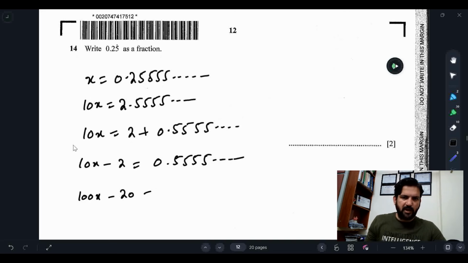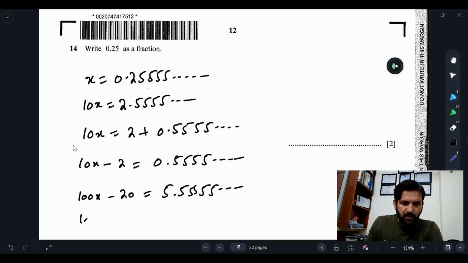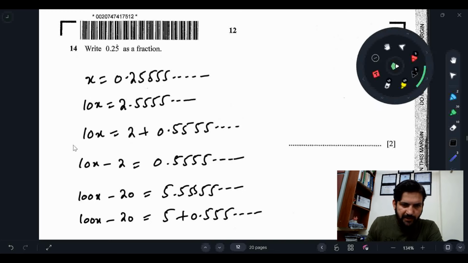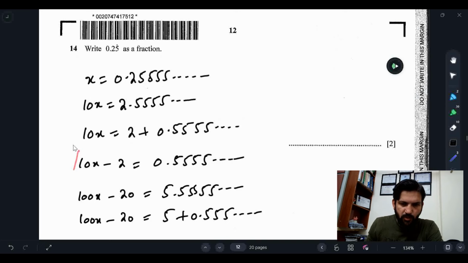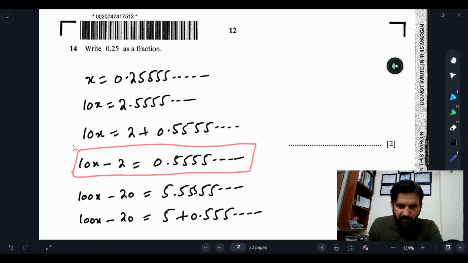0.5555, and then we have to multiply by 10 on both sides. So we will get 100x minus 20 is equal to 5.5555 and so on. So 100x minus 20 is equal to 5 plus 0.555 and so on.